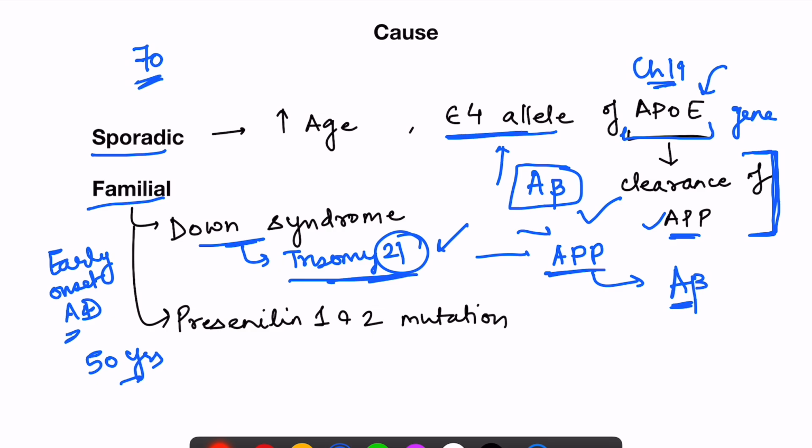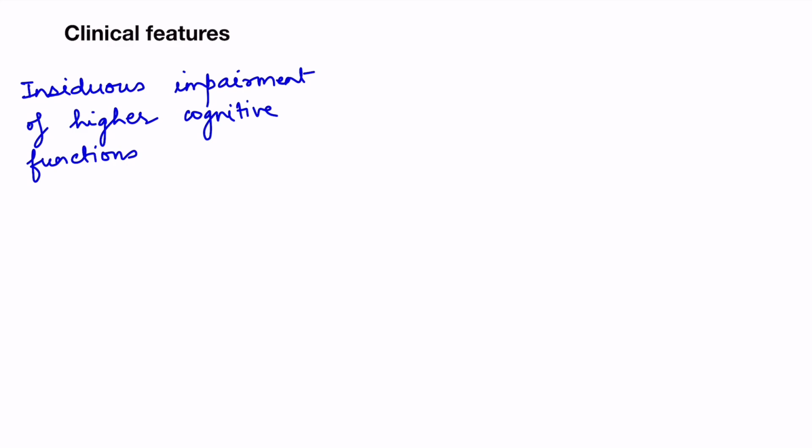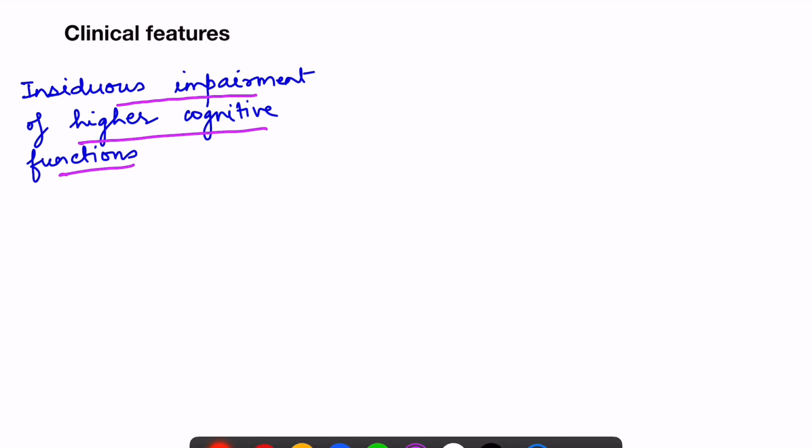Then we have presenilin 1 and 2 mutation. Again, these mutations lead to increased production of A beta protein, okay, and hence increase the risk of early onset Alzheimer disease. Now, we will see clinical features once again in a little bit organized manner. So, we see insidious impairment of higher cognitive function.